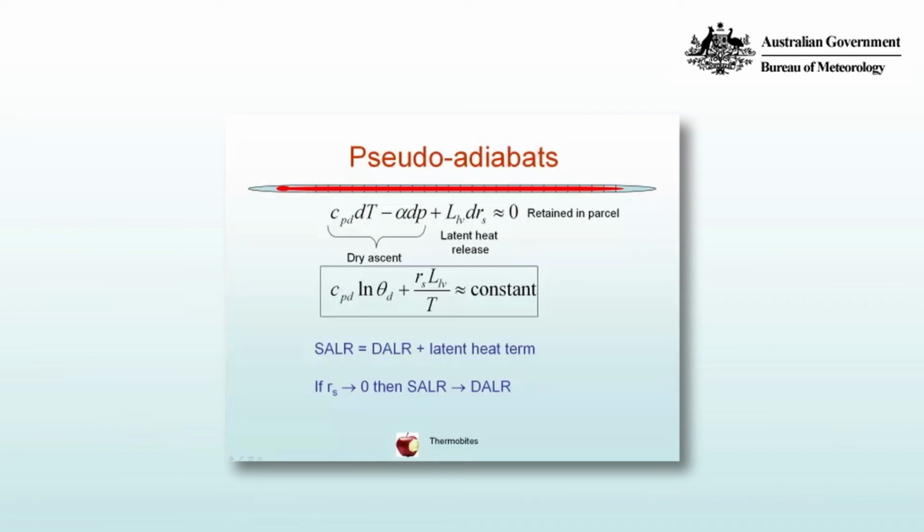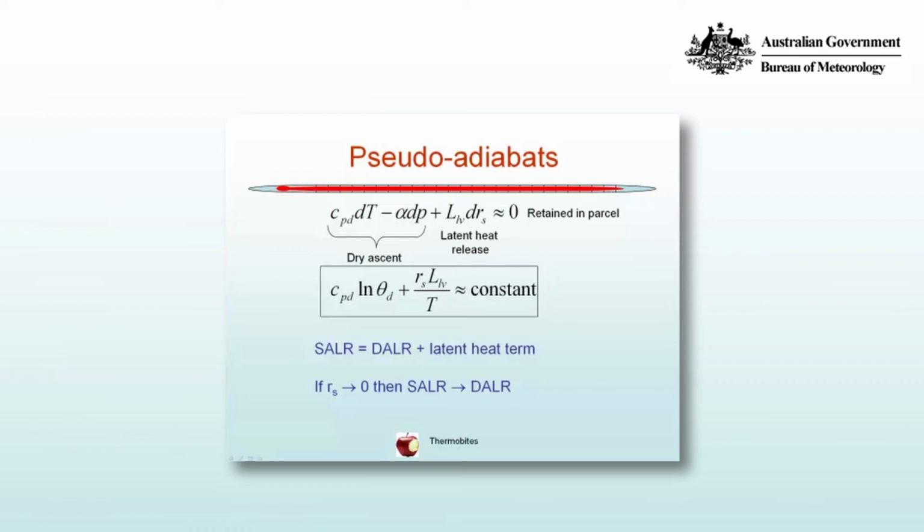When we manipulate that top equation, and I'll leave that as an exercise for you, you get the equation inside the box. So Cpd log of theta d represents the dry ascent, and then the Rs L_LV on T represents the contribution due to latent heat release. And so we can write then out in words that the saturated adiabatic lapse rate, which is the lapse rate at which parcels cool when they are saturated, is equal to the dry adiabatic lapse rate plus a latent heating term.